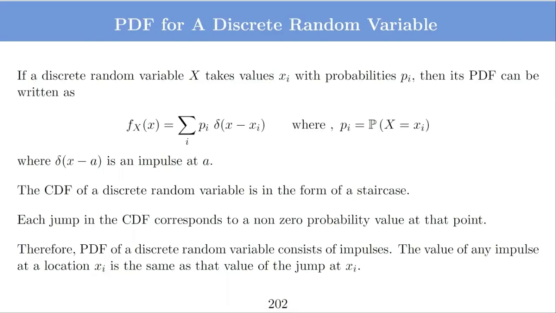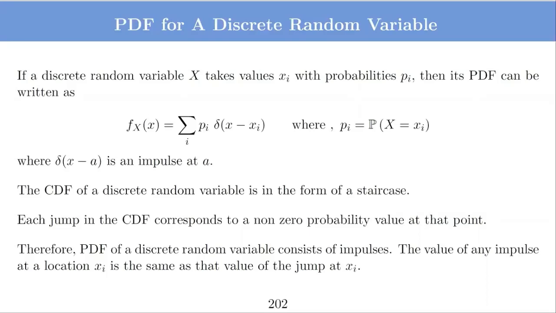Each jump in the CDF corresponds to a non-zero probability at that point. So the PDF of a discrete random variable consists of impulses, and the value of any impulse at a location xi is the same as the value of the jump at xi. So basically, if you integrate this PDF over any set B, and if that B includes xi, then you will have the integration value equal to pi, because the value of the impulse at xi is pi.